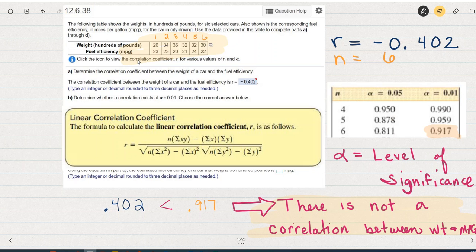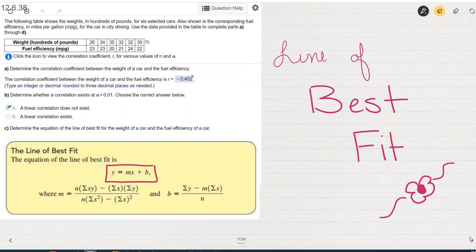Again, if we had more cars, with our level of significance of 1%, our coefficient could have gotten smaller, and we would have still said that there was a linear correlation. But because we only have 6 cars, we need a pretty high percent, this 91.7%. So we'd say that no, a linear correlation does not exist.